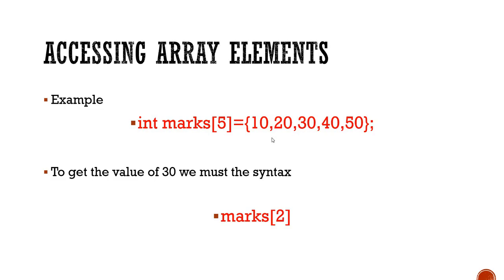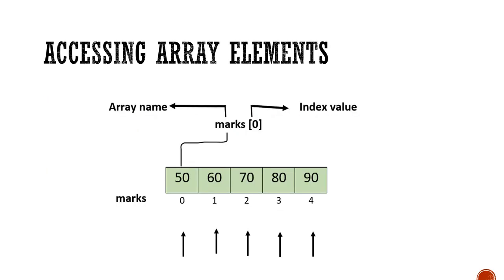We know that the index position of an array starts from 0, right? So 10 will take the index position 0, 20 will take the index position 1, 30 will take the index position 2. So if we use marks[2], then we can retrieve the value. Okay, this is how we can access the element from the array.